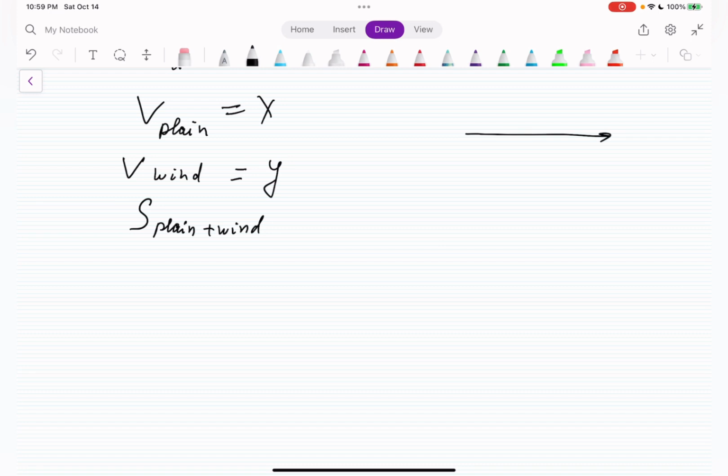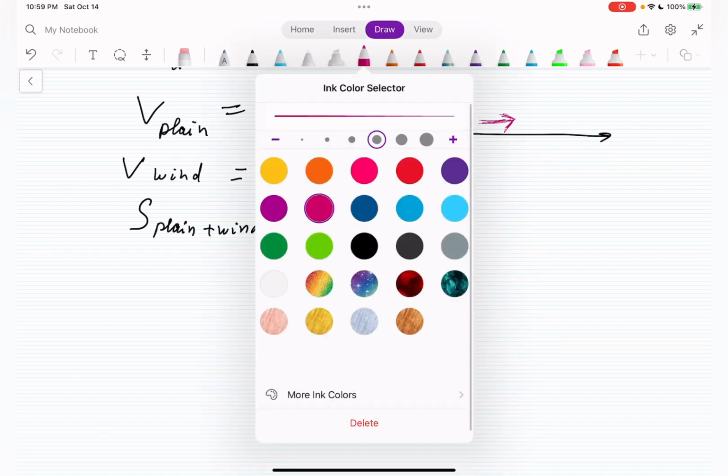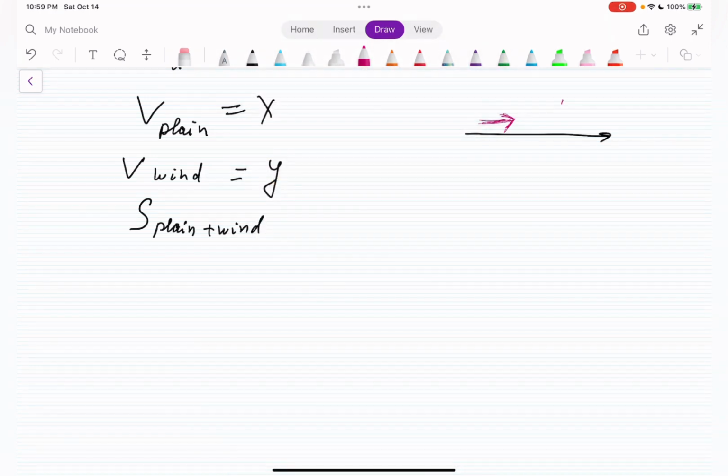If this is my plane, and it has the same direction as the wind, this is the plane, and this is the wind. If the wind has the same direction as the plane, it's going to help, right? So the total speed of the plane is going to be the speed of the plane plus the speed of the wind.